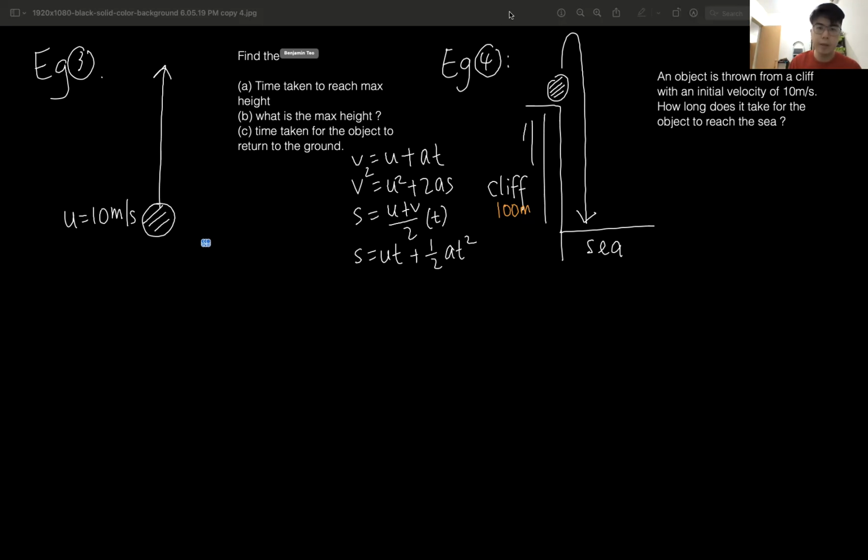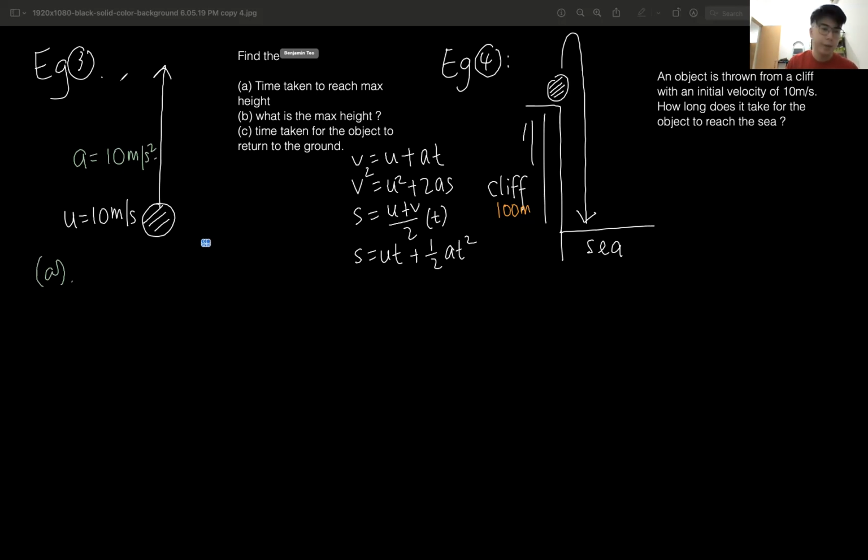All right, now we look at the answers. Time taken to reach maximum height. Okay, u 等于10, a 等于10 meter per second square, right?